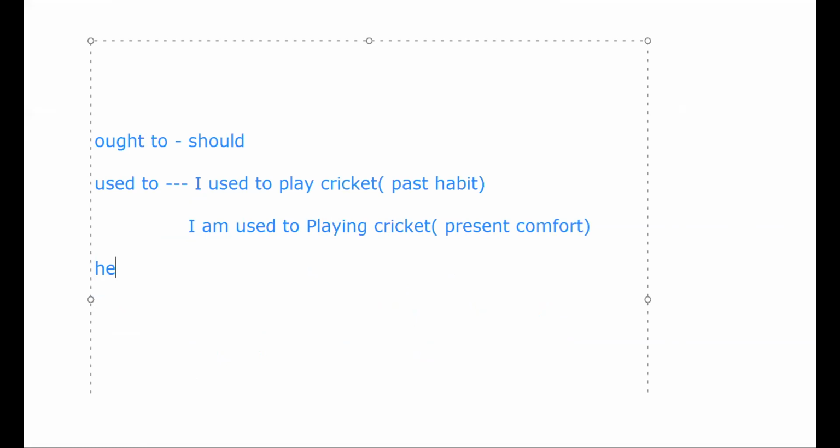Now tell me what's the problem with the given sentence. Examiners might ask something like this.